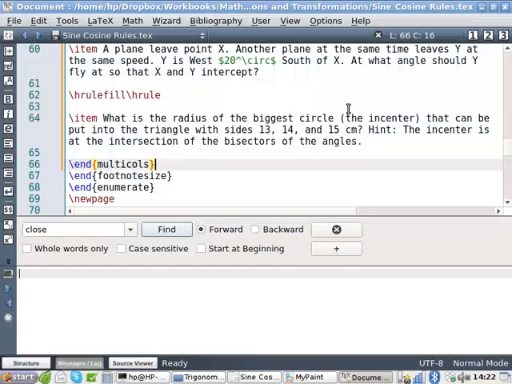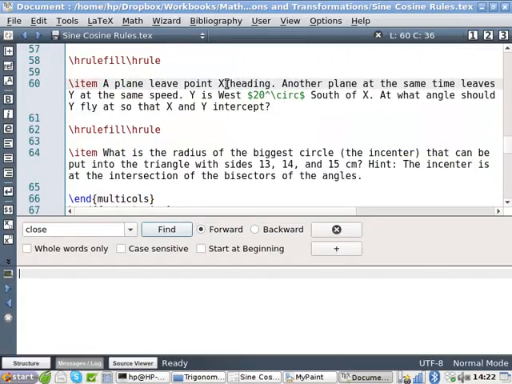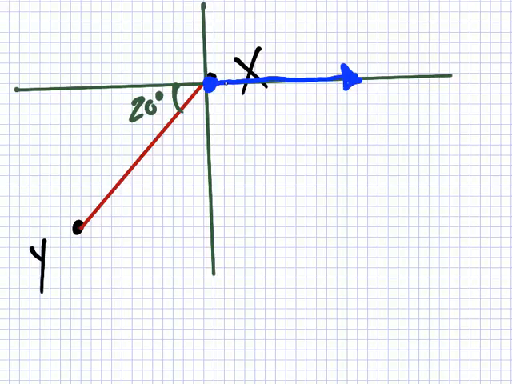So I'll just add that in. A plane leaves point X heading east. So my question is, at what angle should Y fly so that it can meet X? Have a think about that.